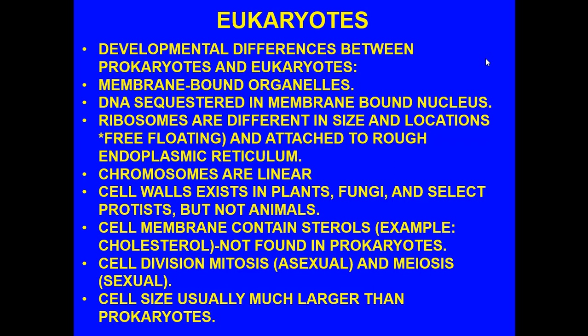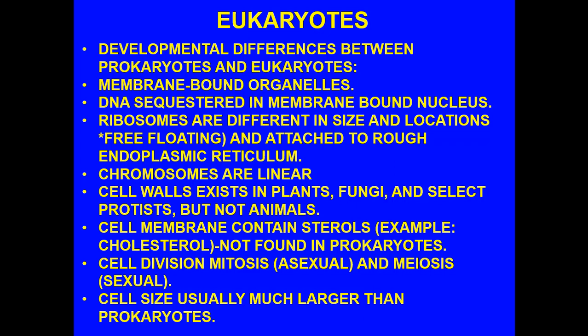First off, eukaryotes have membrane-bound organelles. Their DNA is sequestered in a membrane-bound nucleus. The ribosomes are different in size and location. Some of them are free-floating. Others are attached to the rough endoplasmic reticulum. The chromosomes aren't circular, as what you see in prokaryotes.